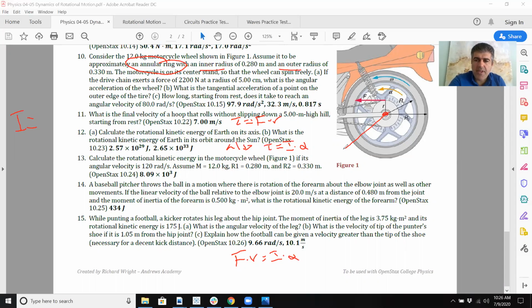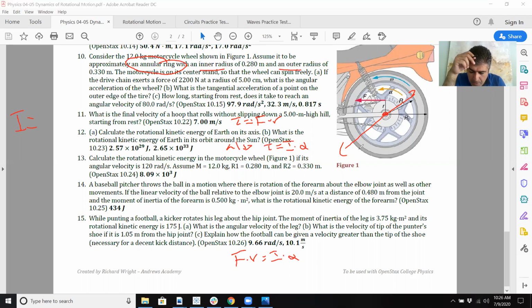You can kind of think of the axis going that way. I'm just a little confused about the inner and outer radius.